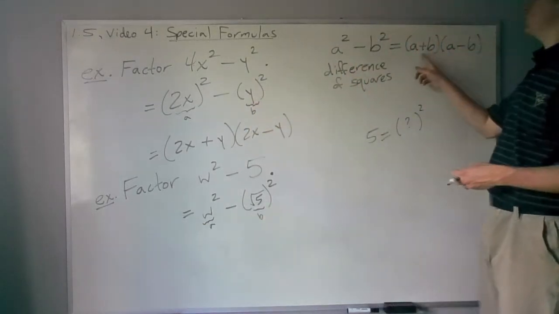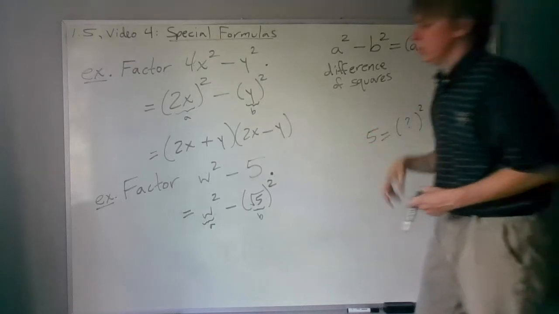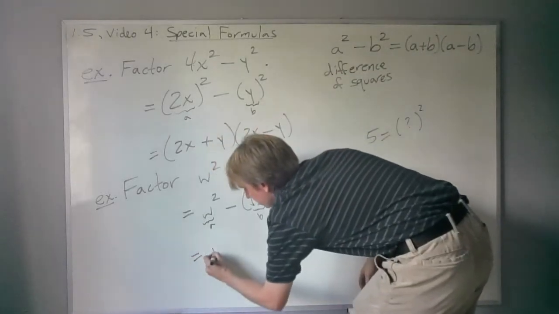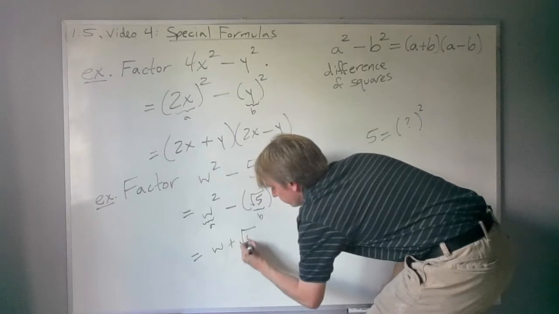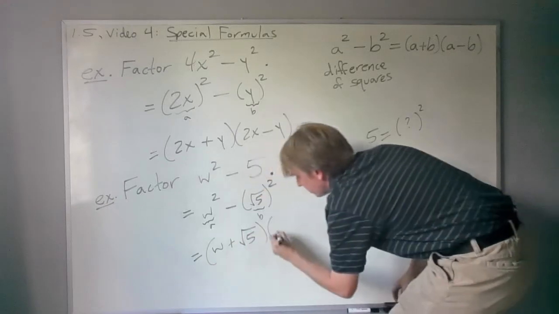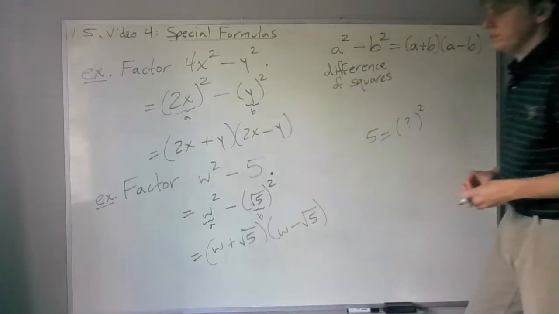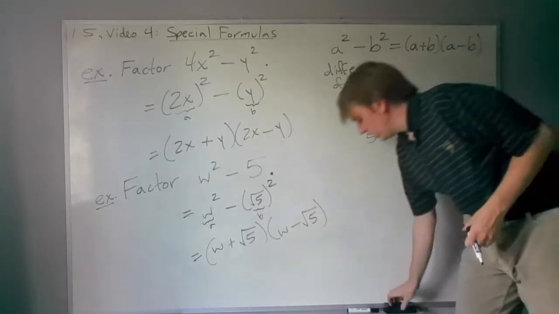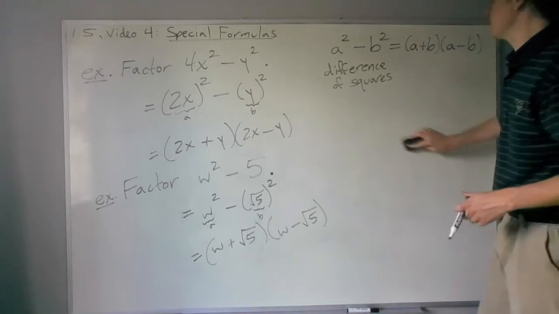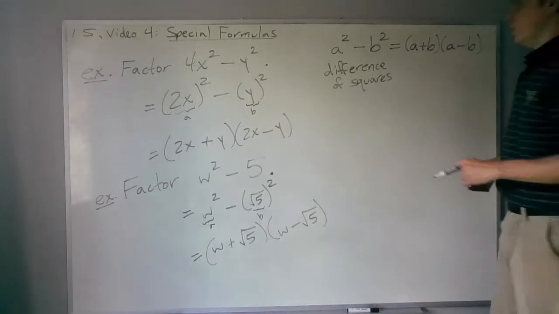And so we add those two numbers, we subtract those two numbers to get our factored version. W plus square root of 5, w minus square root of 5. Okay. Let's try one more.